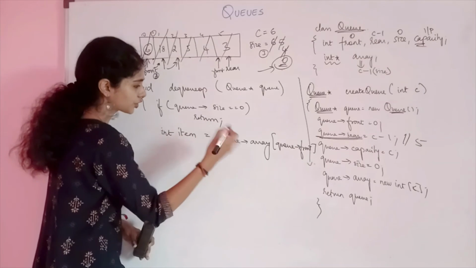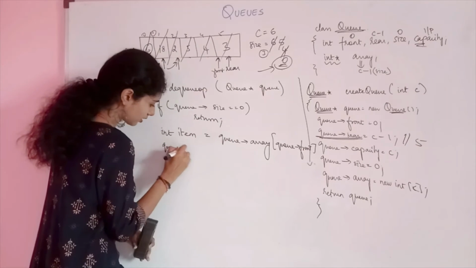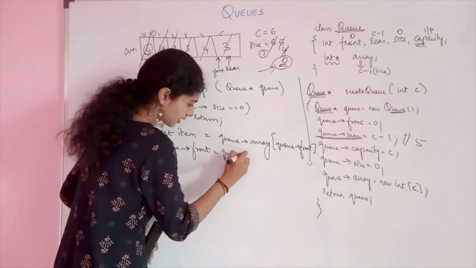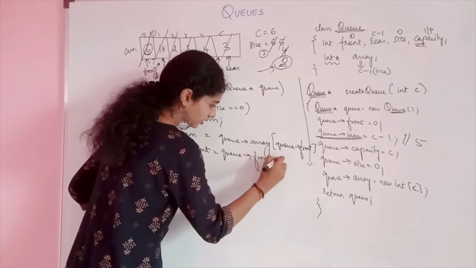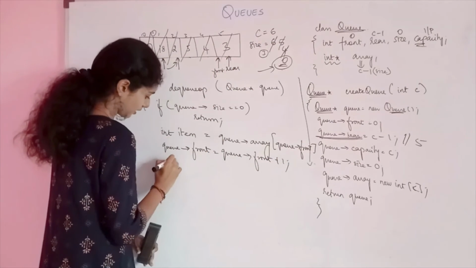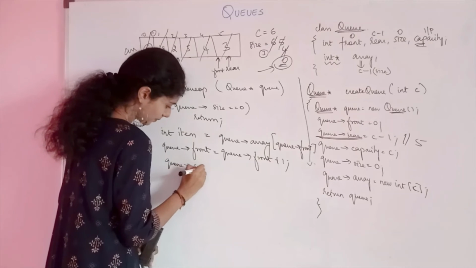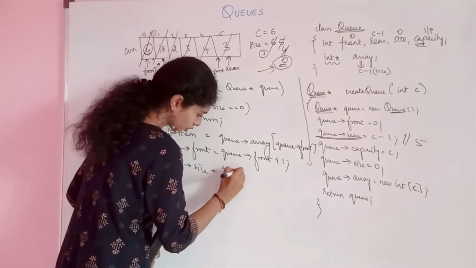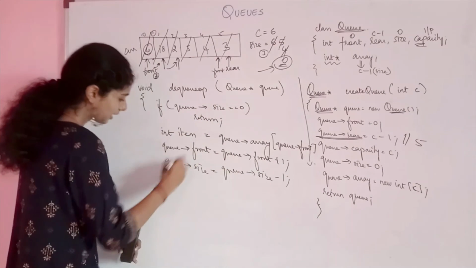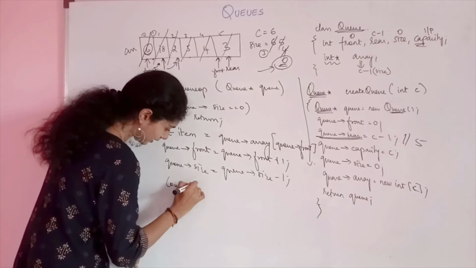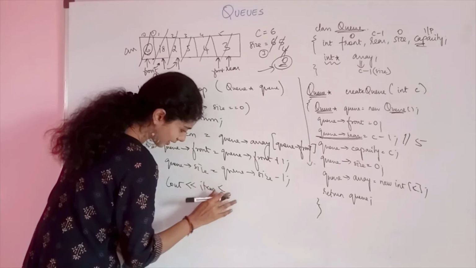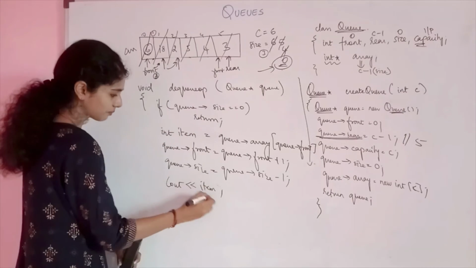Then queue of front must get incremented: queue of front is equal to queue of front plus 1. Later the size must get decremented: queue of size is equal to queue of size minus 1. Lastly, I'll have to print, with cout, which item got deleted. That item is getting printed.